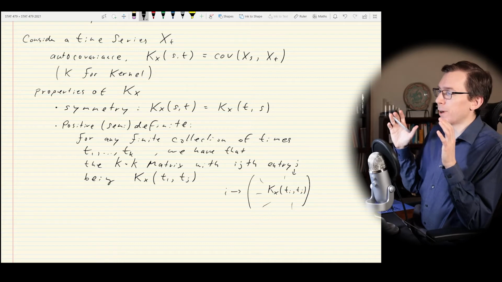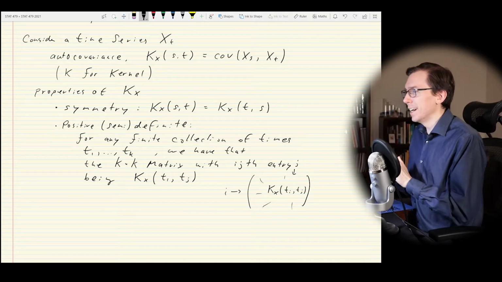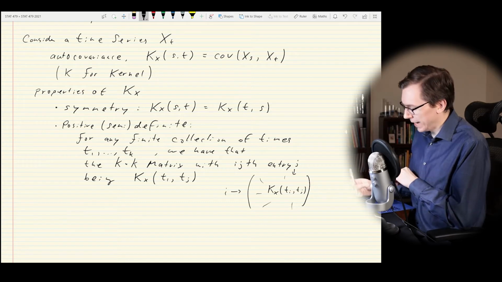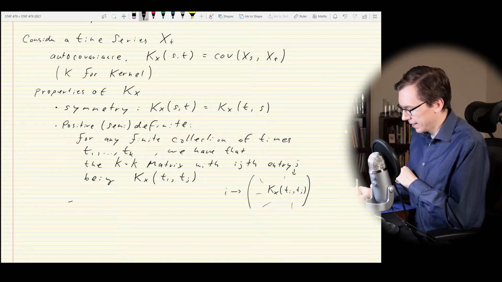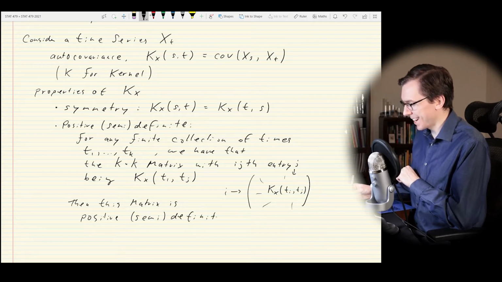So if we write out this matrix for any finite collection or set of time points, then what we get is that this matrix is positive, again, possibly semi-definite, depending on the setting, usually positive definite, if everything's working nicely.